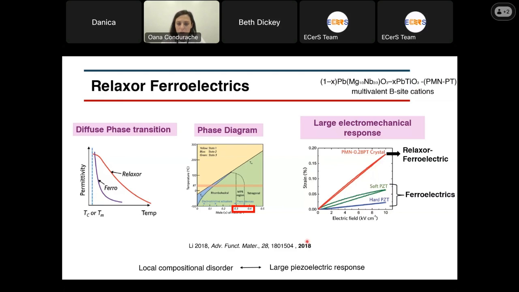For a certain concentration range of lead titanate, we can reach the morphotropic phase boundary where phase coexistence happens, and this is associated with a large piezoelectric response, considerably larger than in classical ferroelectrics.